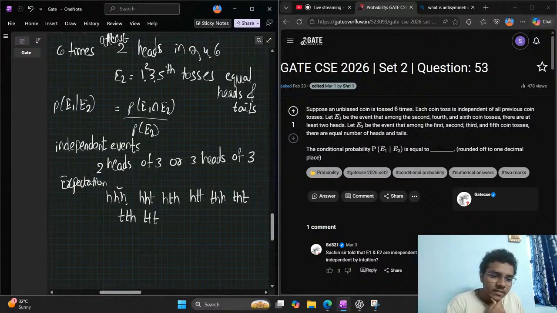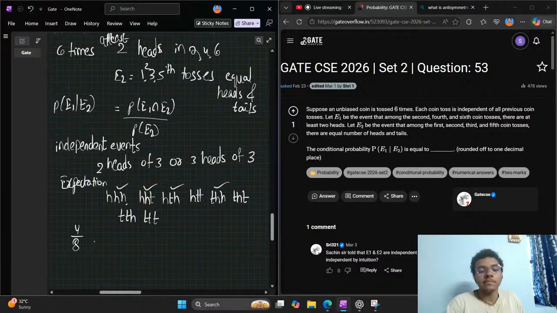At least two heads is 1, 2, 3, 4. That is 4 out of 8, which is equal to 1 by 2. That is the probability of event 1 happening.